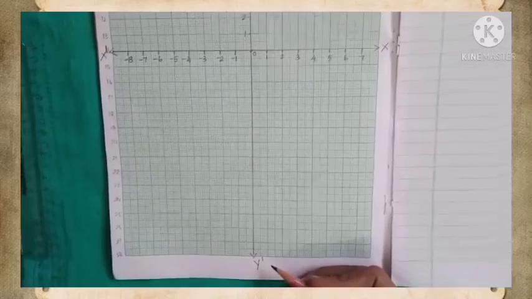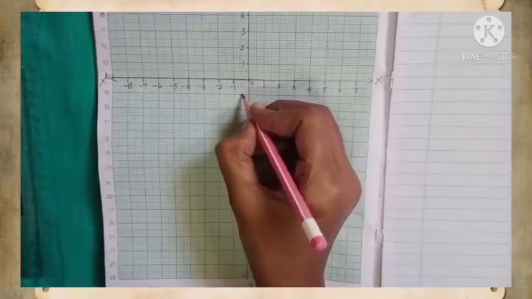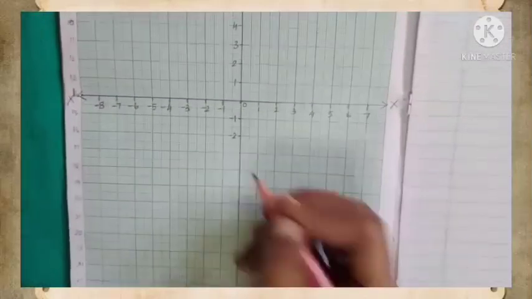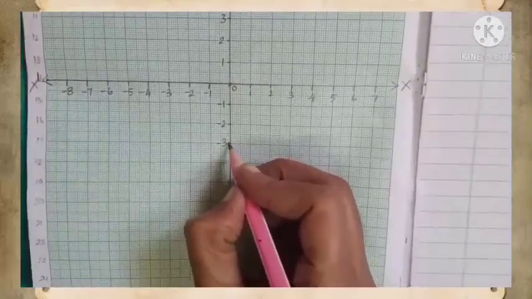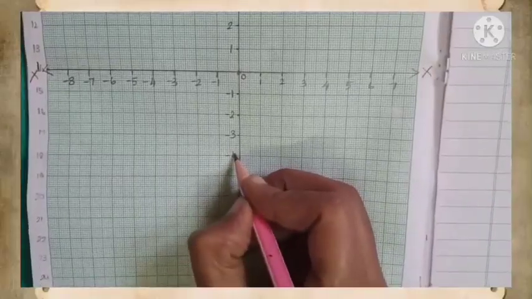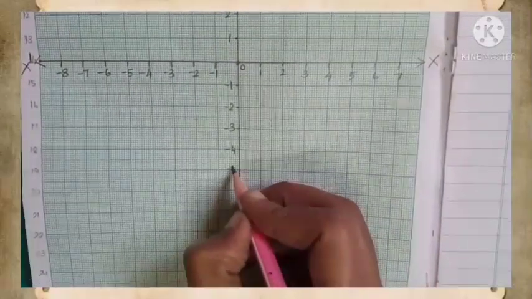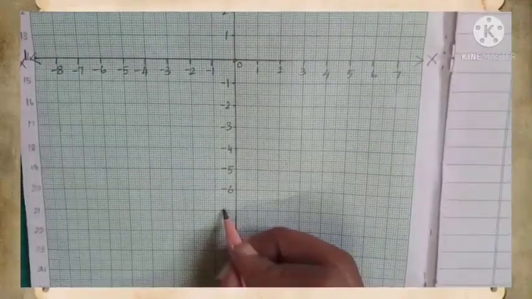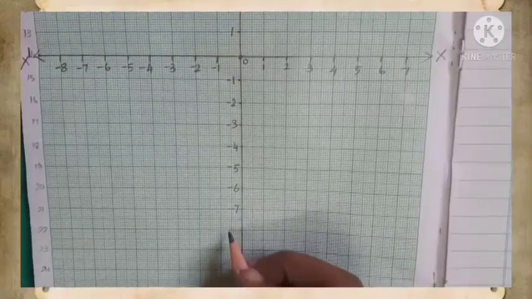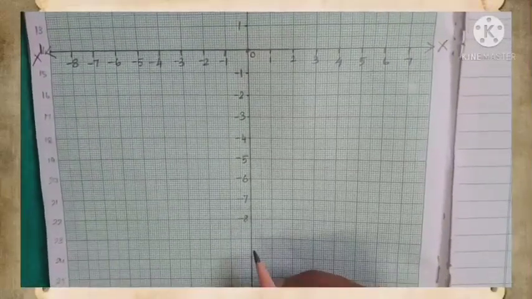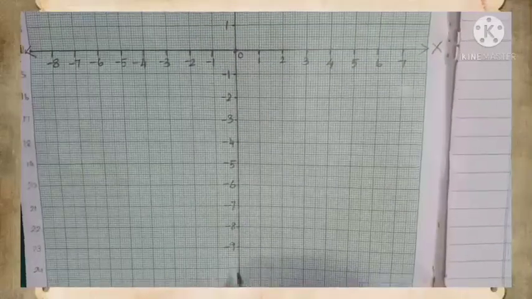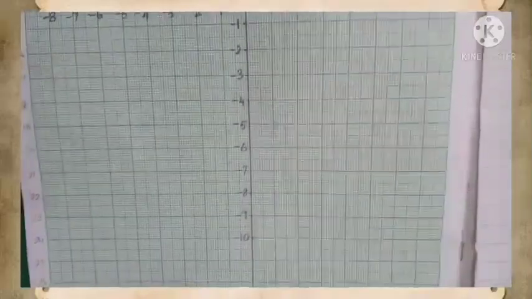Now we'll see y dash. So you need to give negative numbers. So minus 1. Next dark line, minus 2, minus 3, minus 4, minus 5, minus 6, minus 7, minus 8, minus 9, minus 10.